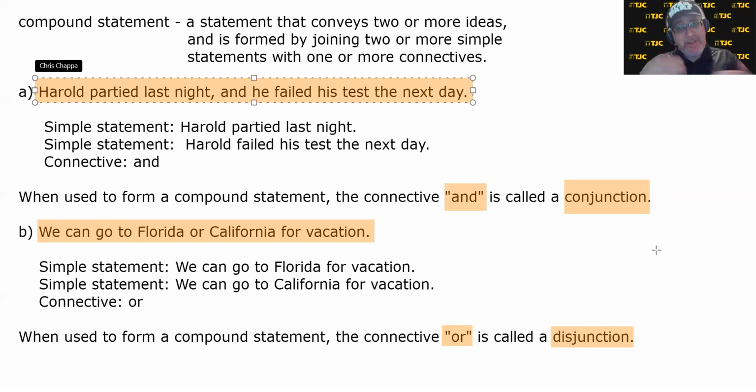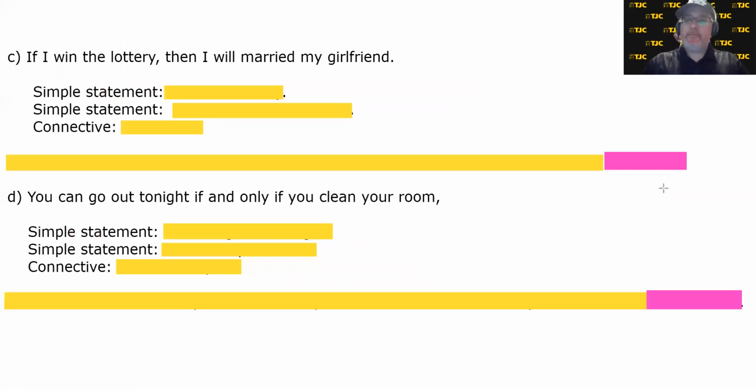And I will probably end up using them in both contexts, using the word conjunction to mean both the word and, but also meaning the entire statement. And similarly, using the word disjunction to represent the word or, but also at the same time using it to represent an entire statement with the word or in it. All right, we got a couple more to look at, and then a summary.